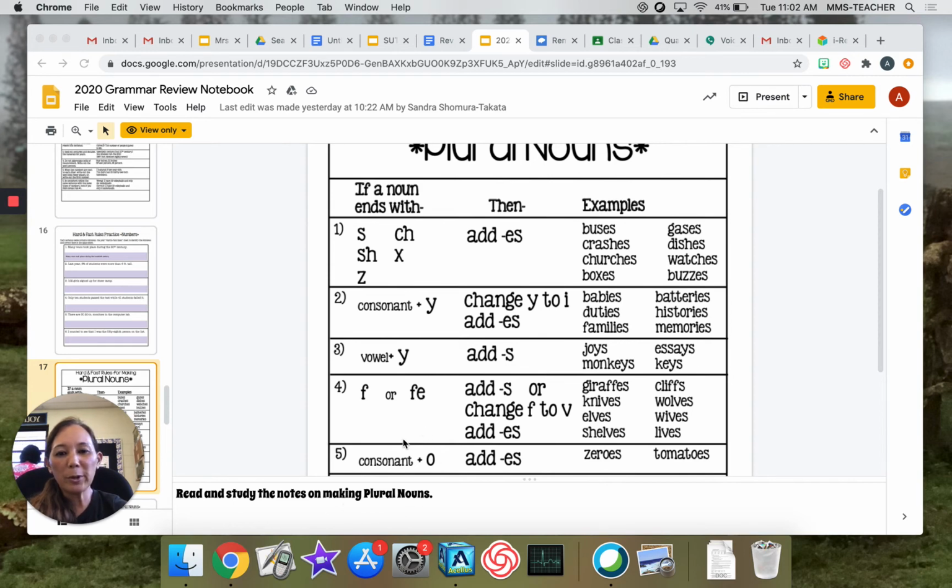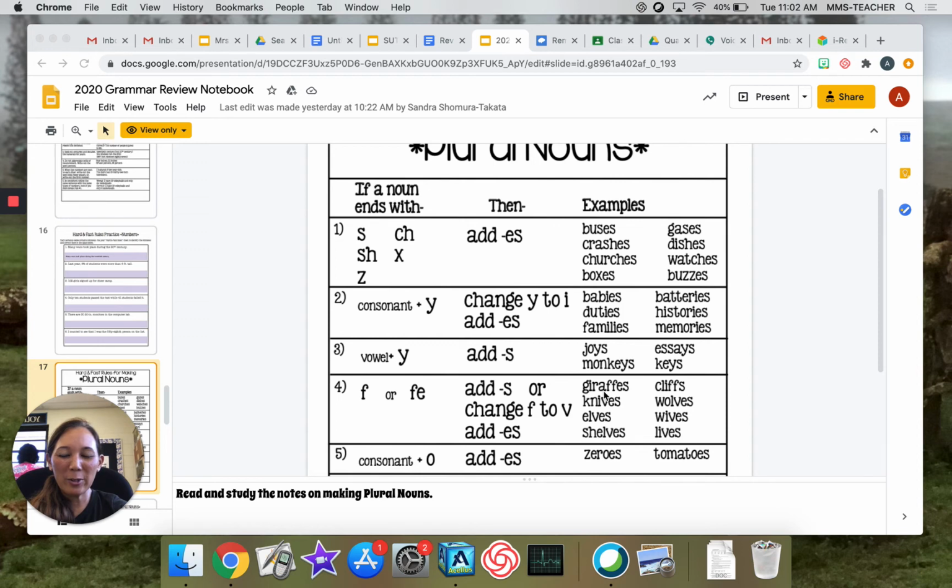Rule number 4. If a noun ends with an F or an FE, then add an S or change the F to a V, then you would add an ES. Okay, that's a lot. So let's take a look at some examples. Giraffe.